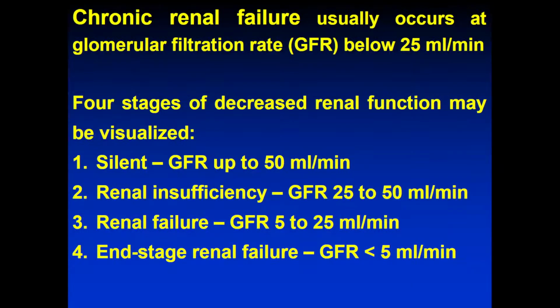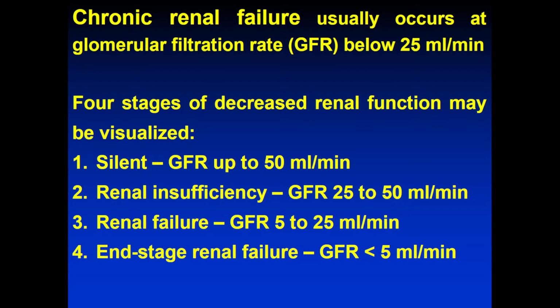We can discuss many classifications of chronic renal failure, but in general, chronic renal failure usually occurs at a glomerular filtration rate below 25 milliliters per minute. We can here consider 4 stages of decreased renal function. Silent, when GFR is up to 50 milliliters per minute.